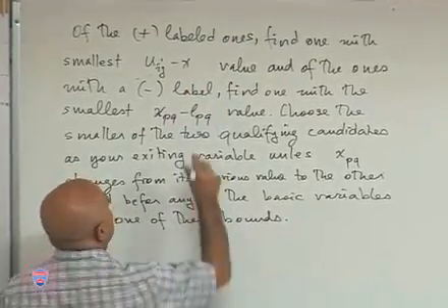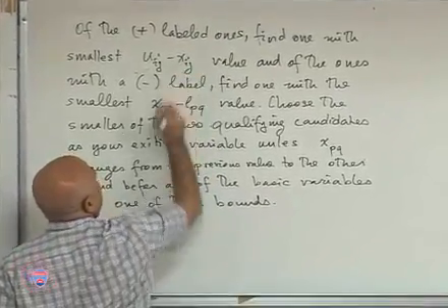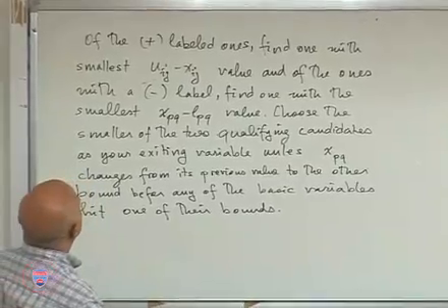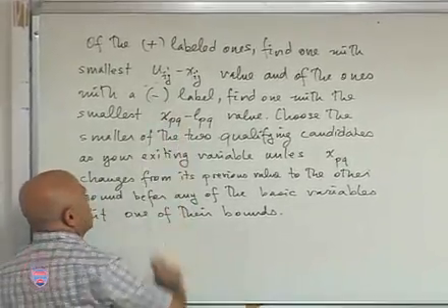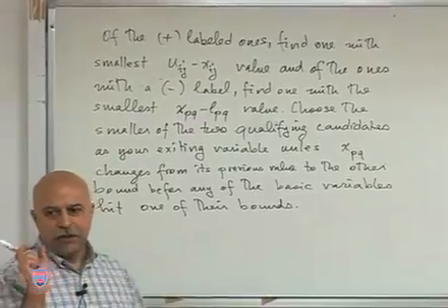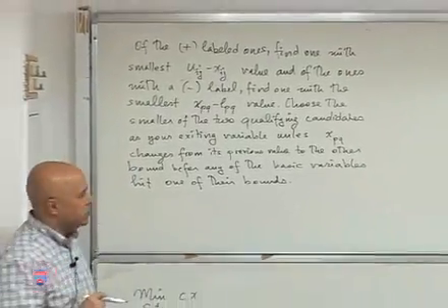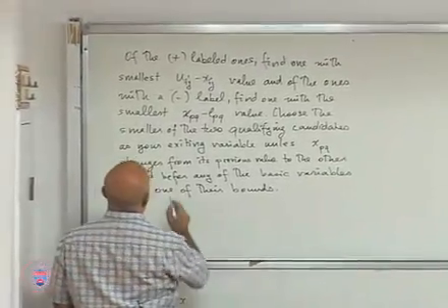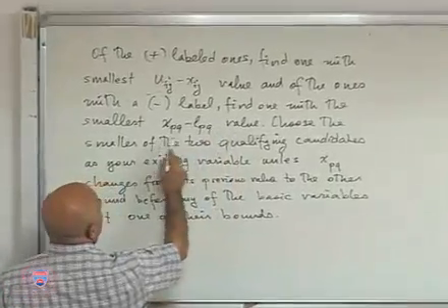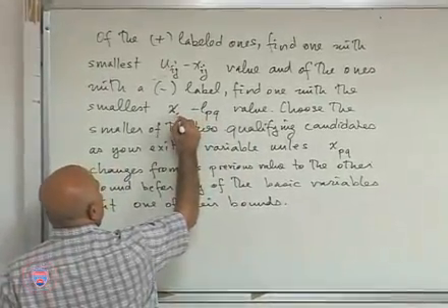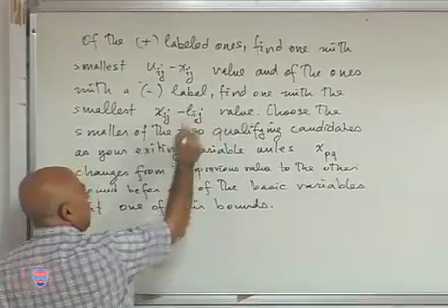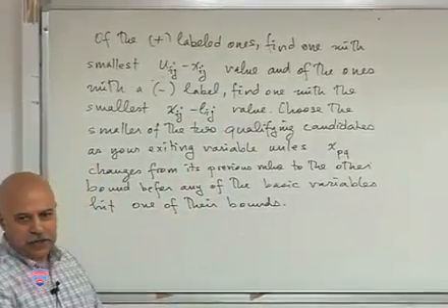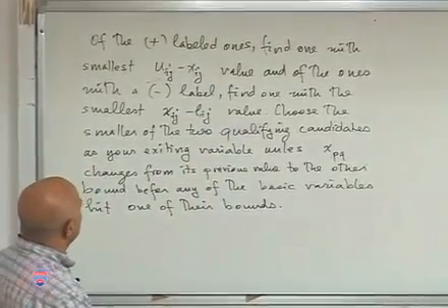We're looking at the plus labeled ones. Find one with smallest Uij minus Xij value, where Ij refers to plus labeled ones. Okay? And of the ones with a minus label, find one with the smallest, again, current value minus lower bound, because that's how much you can go down at most.